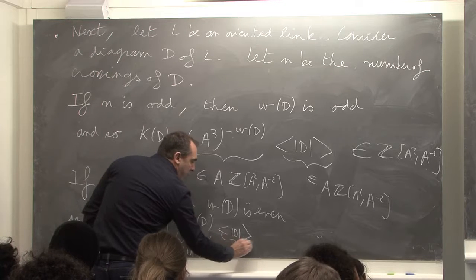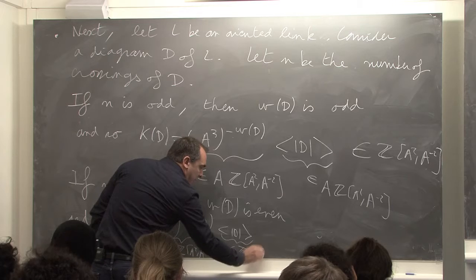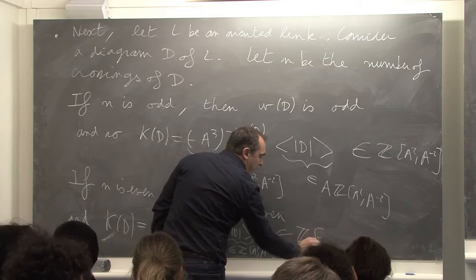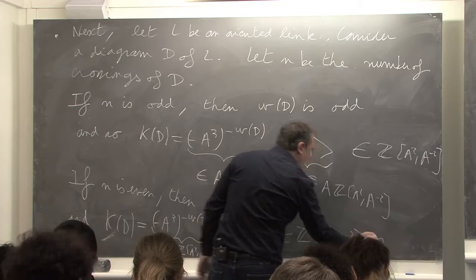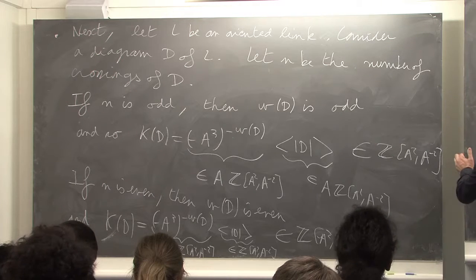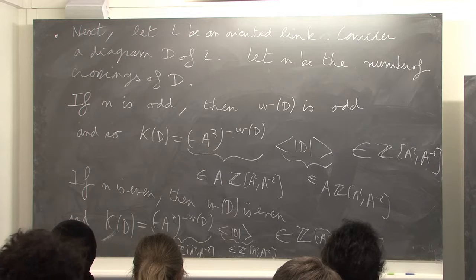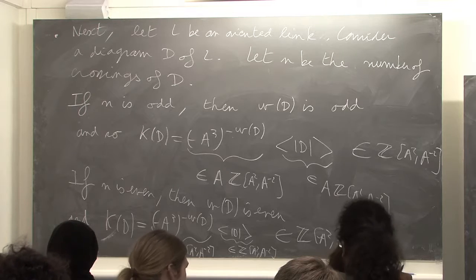And by the previous properties, this is again in Z of A square. So we also obtain a Laurent polynomial in A square. Okay, so we have shown the property that the Kauffman polynomial is a Laurent polynomial in A square.